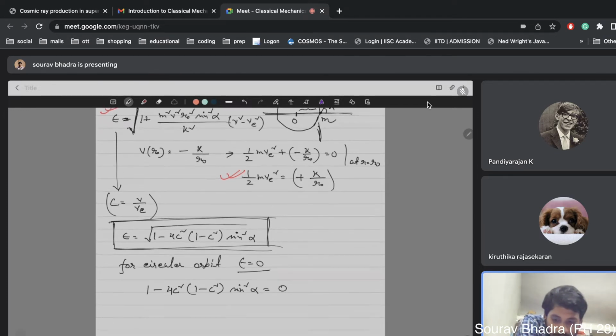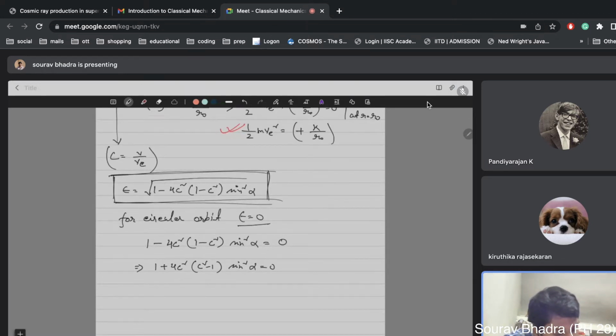Now we will do some manipulation, that is 1 plus 4 c square minus 1, I have taken 1 common, sine square alpha equals 0. Now from this, 4 c to the power 4 sine square alpha minus 4 c square sine square alpha equals 0. Let me check. Yes.